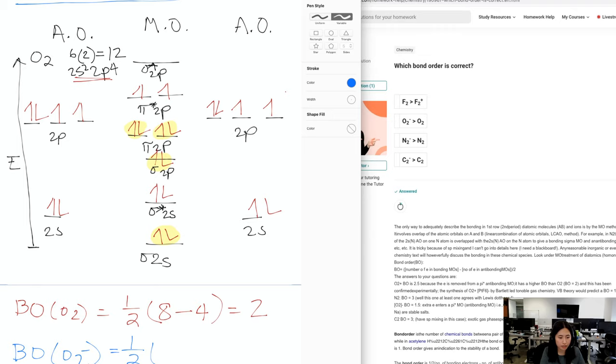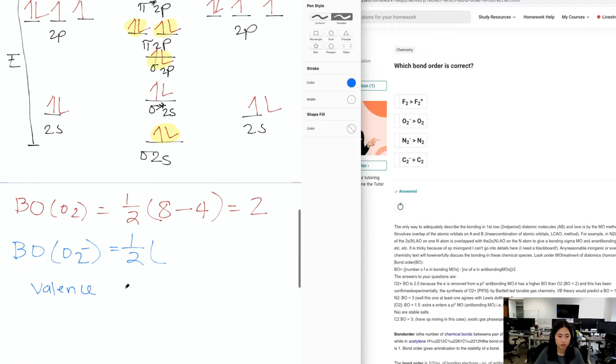So for your valence for O2 minus, you're going to have 6 times 2, because oxygen is found in group 6 and you have 2 atoms of oxygen, plus 1 because you have minus 1 as the charge. You would end up with 13. So it's really the same as compared to fluorine as we were working on earlier. So valence electrons is 13.